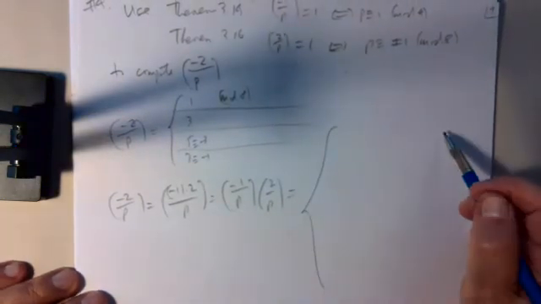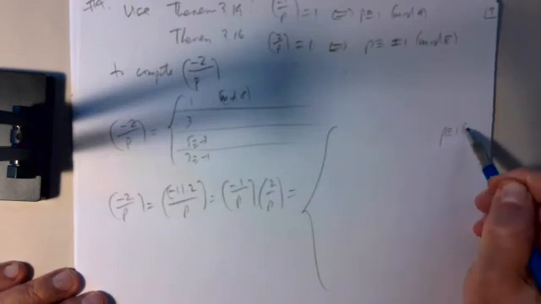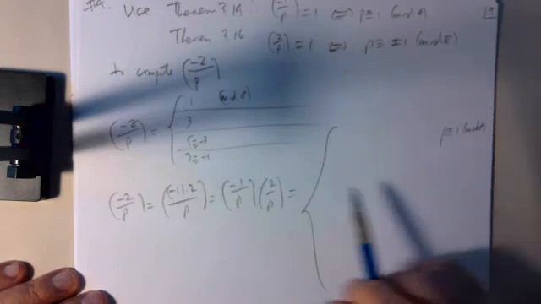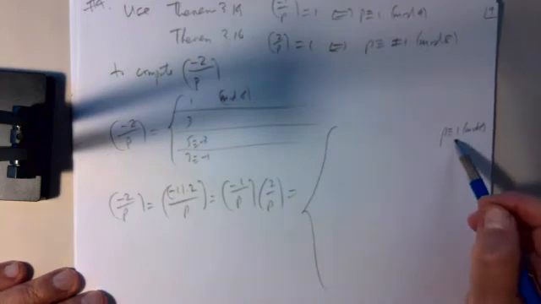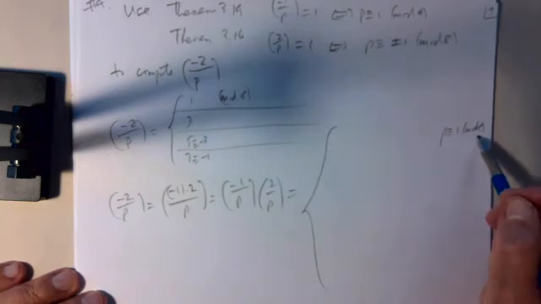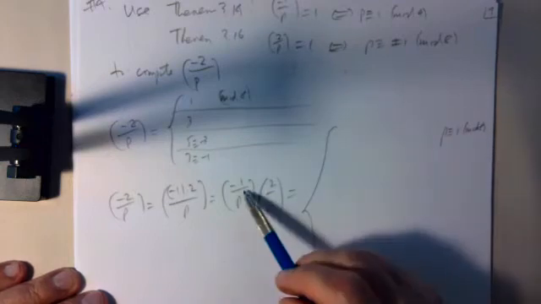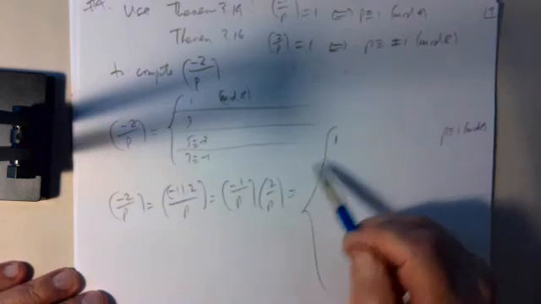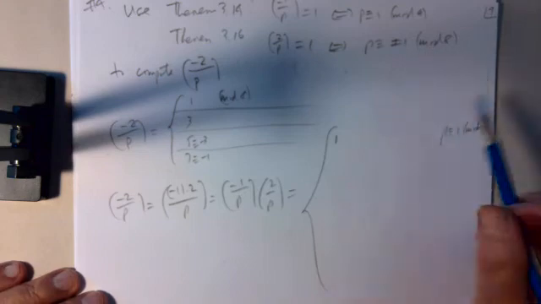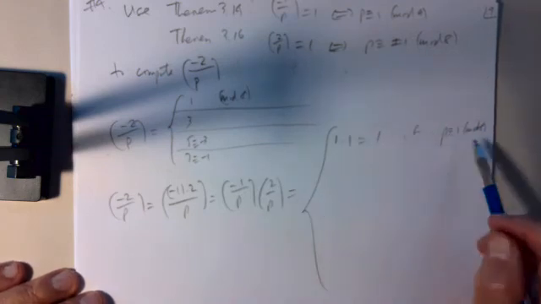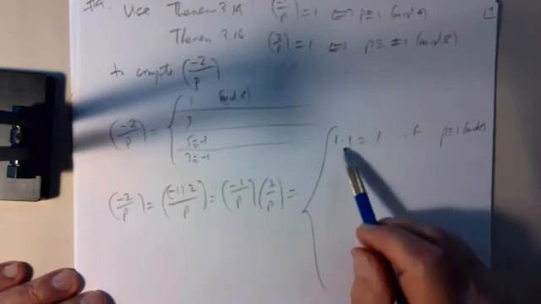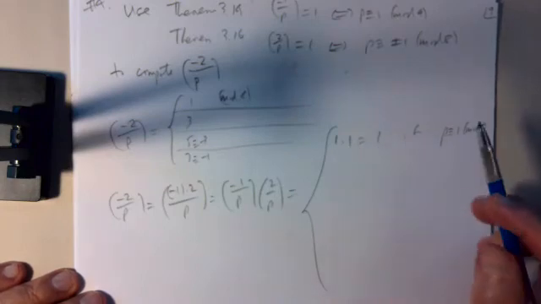So let's look at all the cases. Suppose p is congruent to 1 mod 8. In that case, p is also congruent to 1 mod 4. So -1 over p is 1. 2 over p is 1, and 1 times 1 is 1. So if p is congruent to 1 mod 8, the Legendre symbol is 1.